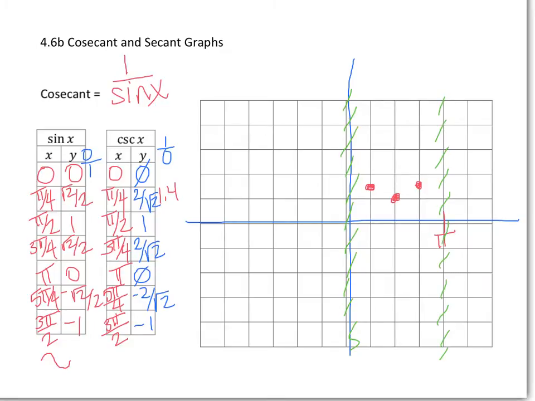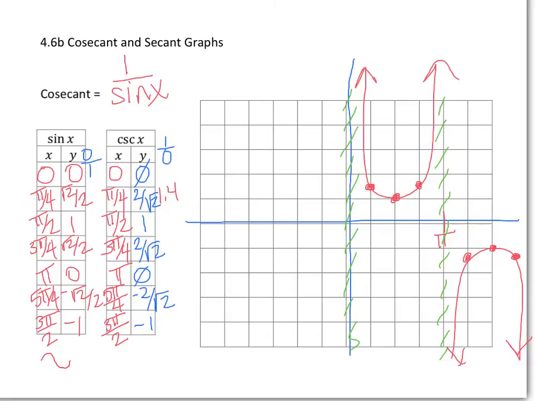After pi, I'm going to be down below negative 1. So here's what the graph ends up looking like. They're parabolas, and essentially what they're doing is they're bouncing off of the sine graph.